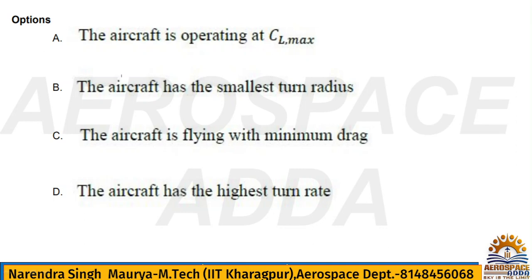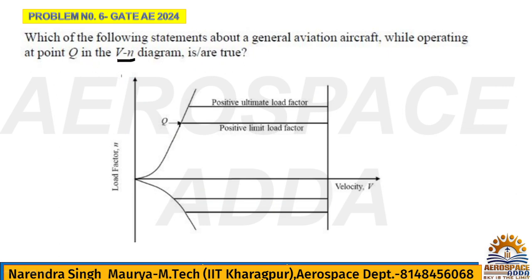Now, before going to the options, I just want to tell you about this point Q. Point Q is sometimes called the corner velocity. What is it called? Corner velocity, right? Good.